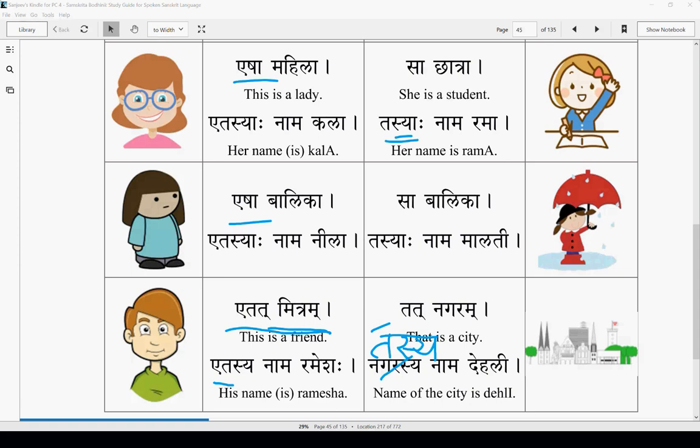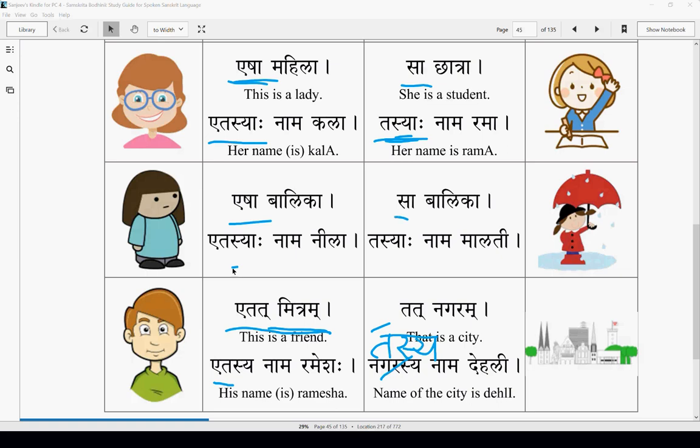The capital of India. Or you can put anything. Tat Nagaram, Tasya Nama, anything, New York, or Toronto. Esha Nama Mahila. So here our focus is on this Shashti Vibhakti. Esha for Strilinga word changing to Etasyaha, Sa changing to Tasyaha.